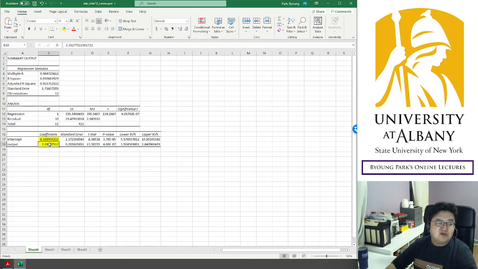And the marginal cost, by the way, the intercept is the fixed cost, and the marginal cost is estimated to be 2.3877512. So these are the estimation results. Let me simplify to this, right? So I will show you what we can do using those numbers.